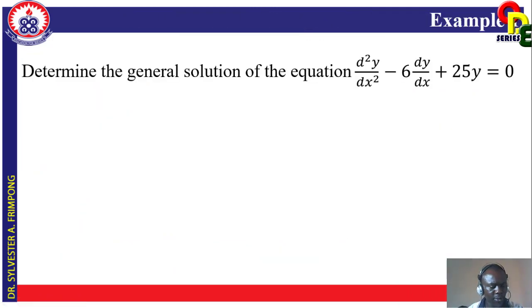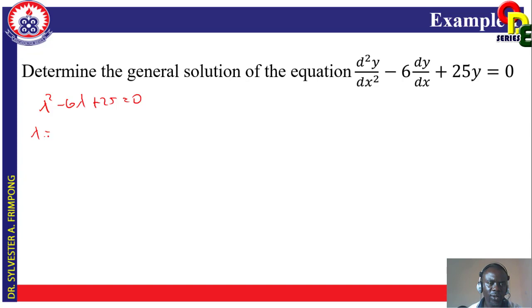Let's pick an example. You have to find the general solution of d squared y by dx squared minus 6 dy by dx plus 25y equal to 0. As usual, the characteristic equation is lambda squared minus 6 lambda plus 25 equal to 0.